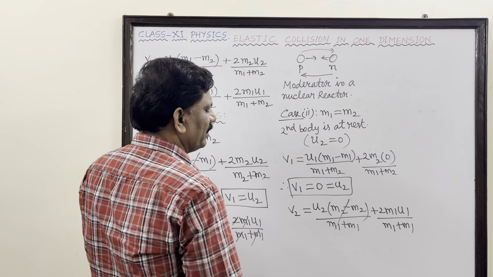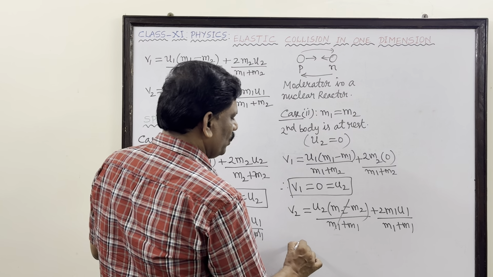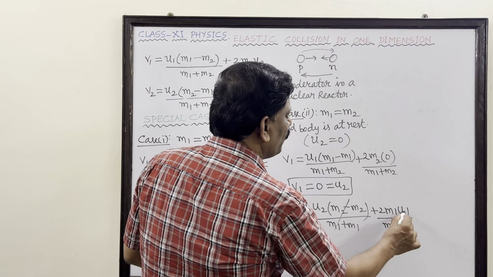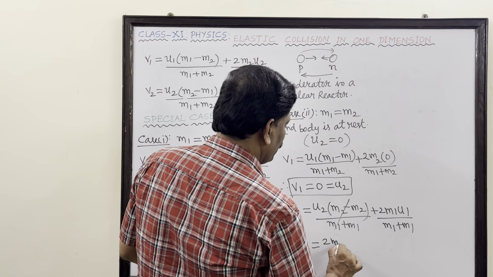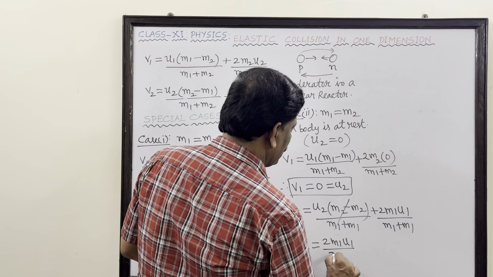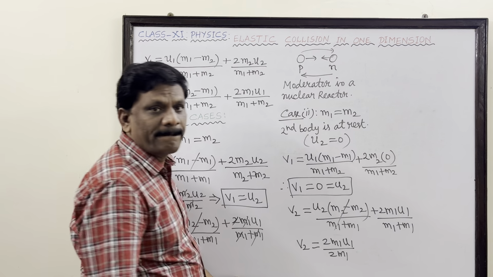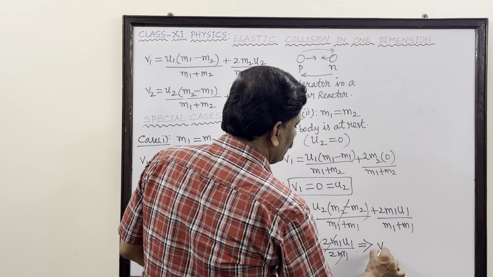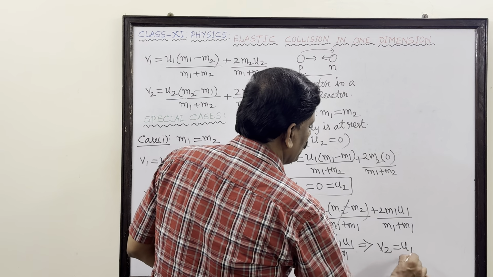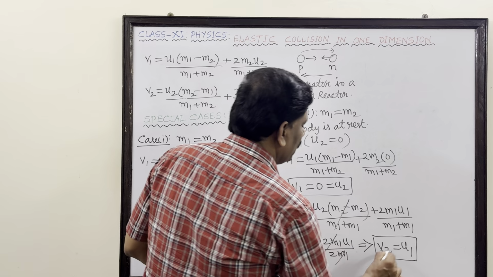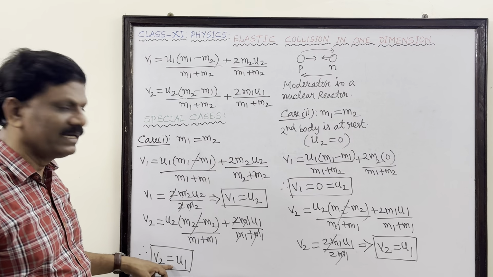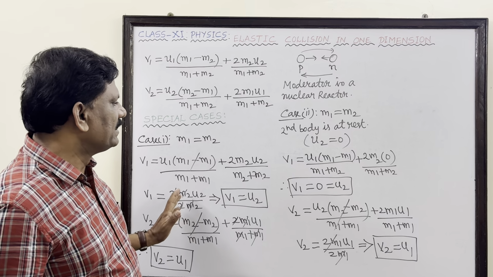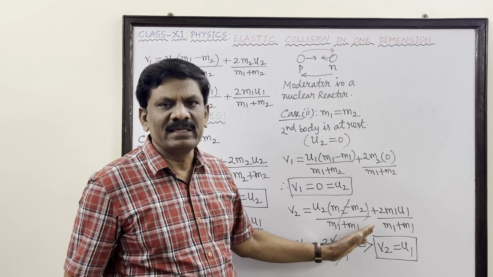So the first term becomes 0. So v2 is now equal to 2m1 u1 divided by 2m1. So 2m1 gets cancelled, and this implies v2 is equal to u1. It is again similar to case 1 itself. Understand that? So these are the two very important cases.